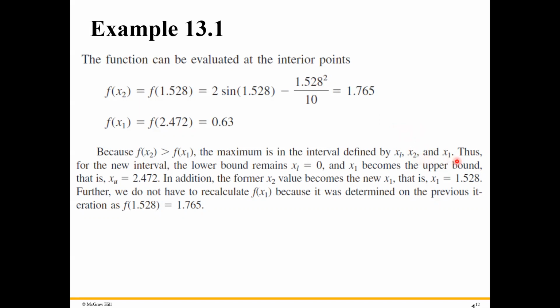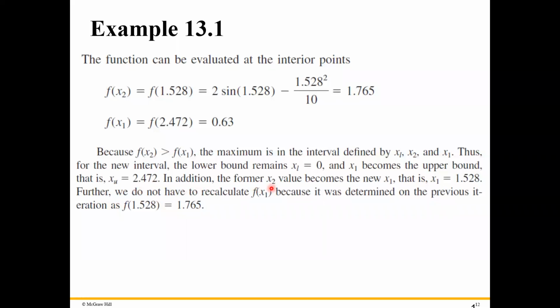So therefore in this case, for the new interval, the lower bound remains xl equal to 0, and x1 becomes the upper bound. That is, xu will become 2.472.